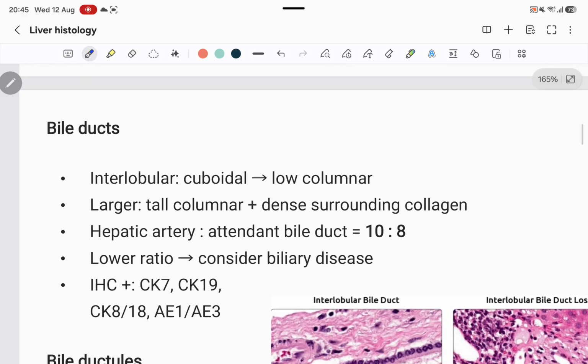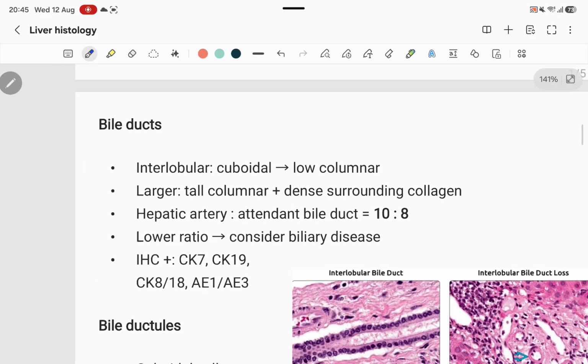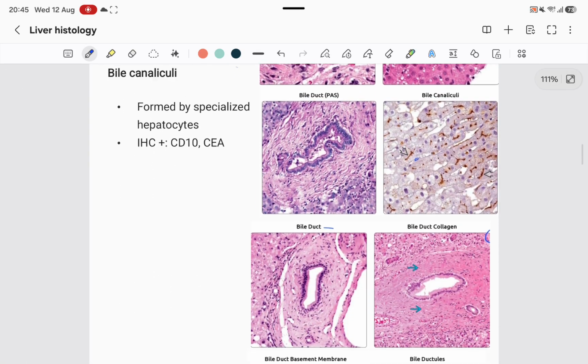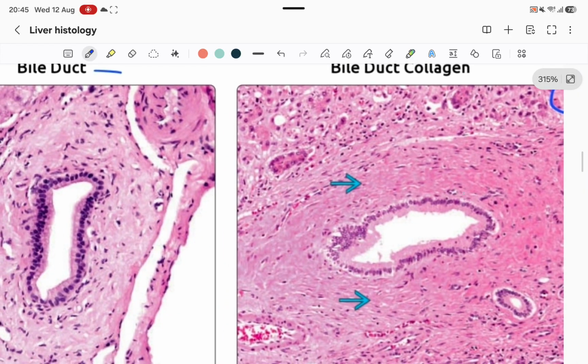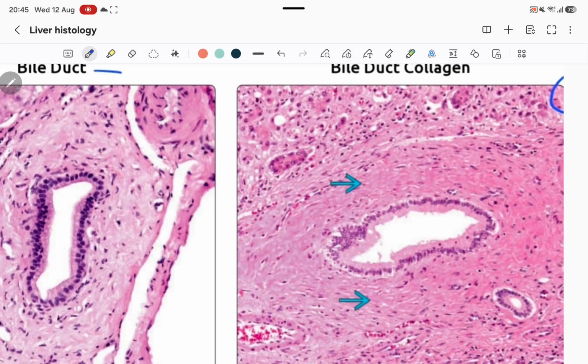The important part about the larger ducts is that they have dense surrounding collagen, so you don't confuse it with the onion ring sign. The onion rings are not what tells you that this is PSC, primary sclerosing cholangitis.